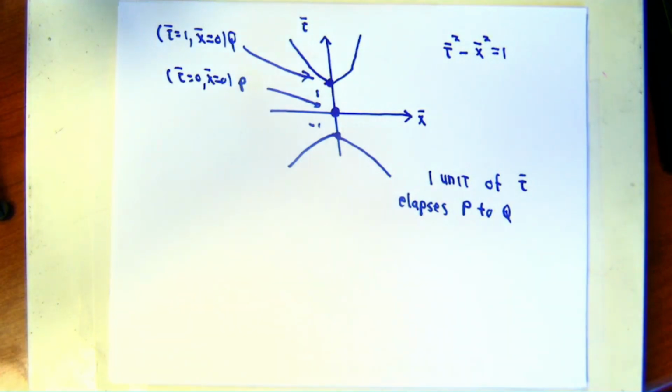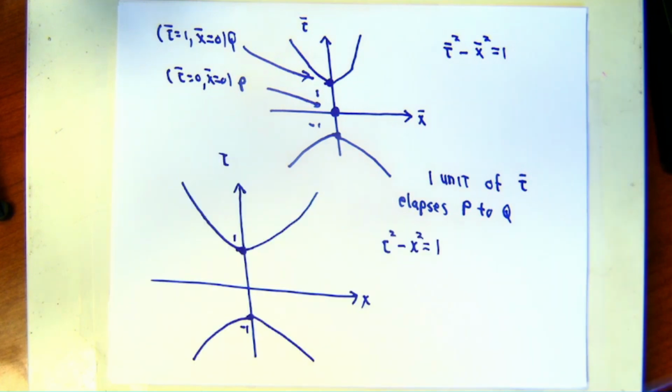Also, both points P and Q are on the t-bar axis, which we have previously identified in the space-time diagram of the unbarred coordinates. Because of the invariance, t squared minus x squared equals 1 is the same set of points of space-time as t bar squared minus x bar squared equals 1. On the other hand, let's draw in the t-bar axis as well. We've previously seen that the t-bar axis in the unbarred coordinates can be expressed as x equals vt.